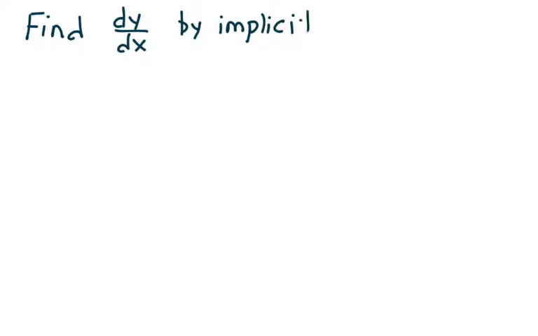So the directions say, find dy dx by implicit differentiation. And so what I'm going to do is go through examples and then describe what I'm doing.